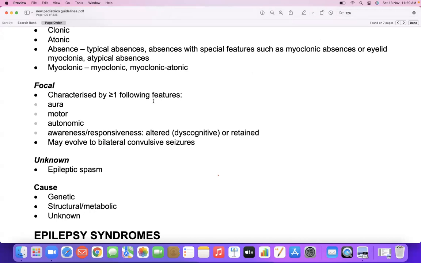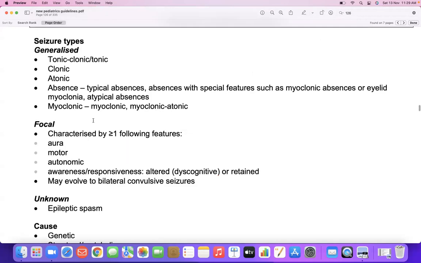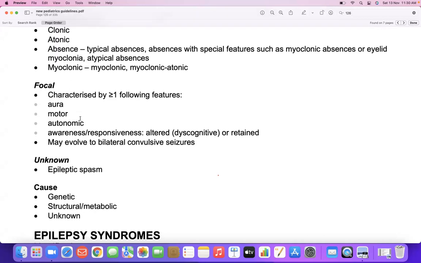So these first are the generalized seizures. You can have all the body involved: tonic, clonic, atonic, absence, and myoclonic. Okay, then focal.